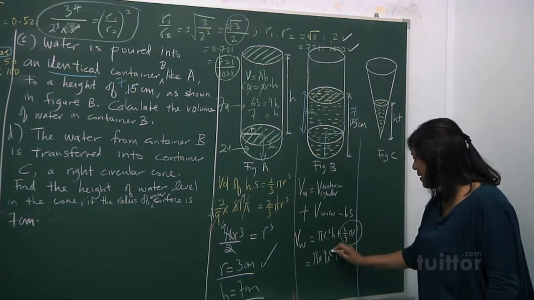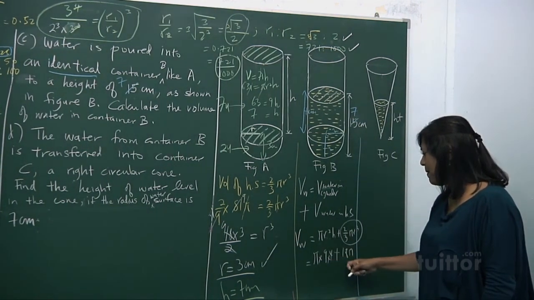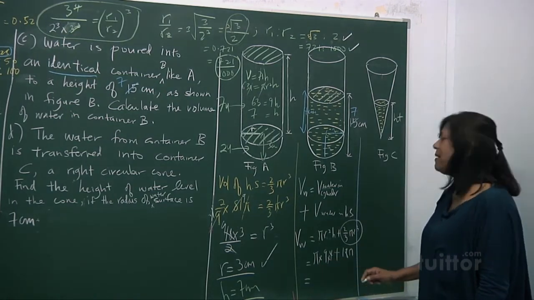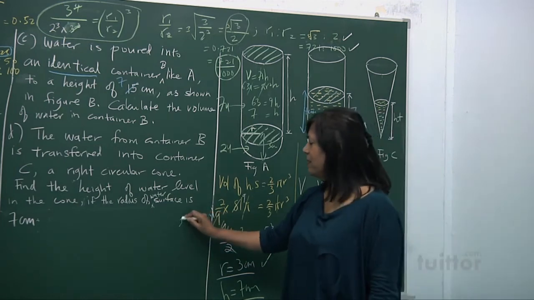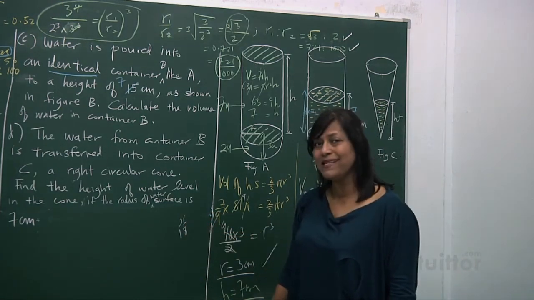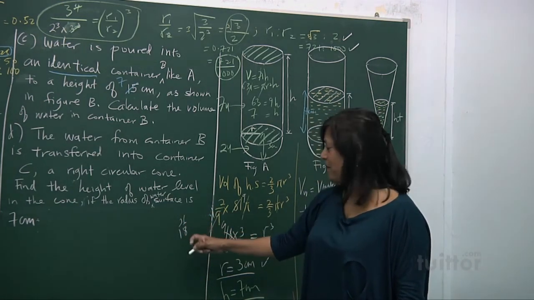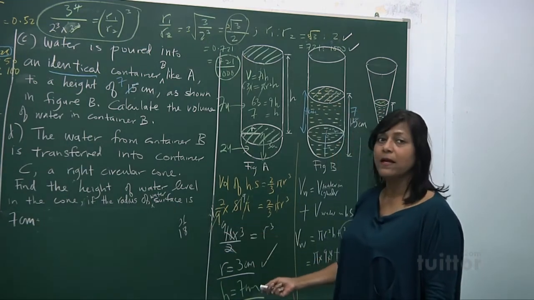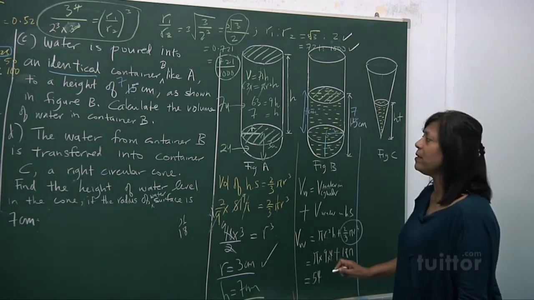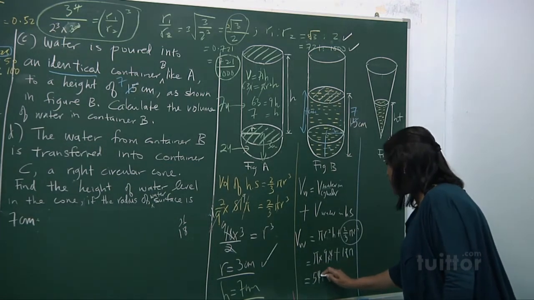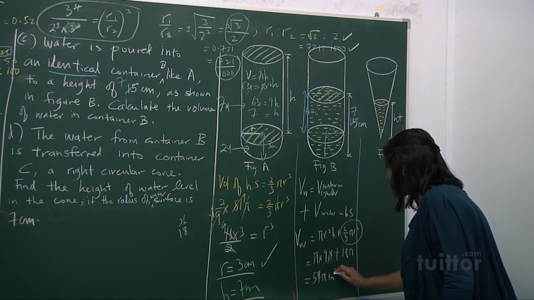So you've got 36 pi plus 18 pi, 36 plus 18. A quick calculation, I would add 20 and minus 2. So it's 56, 56 minus 2 is 54 pi, and so that will be the water, 54 pi cm cube.